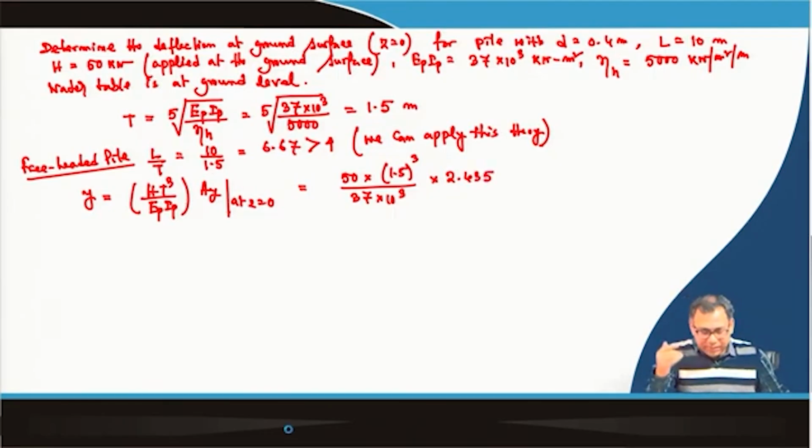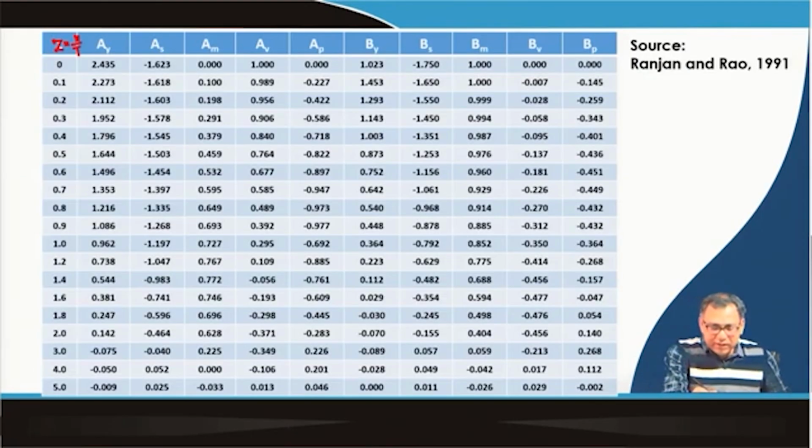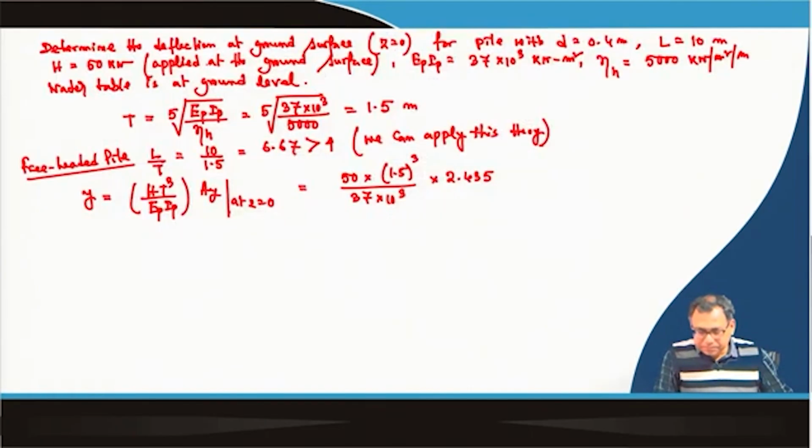If you want to calculate the moment, then you have to take A m at z equal to 0, which is equal to 0, because it is a free end condition. Now, this is equal to 11.11 millimeter. Okay.